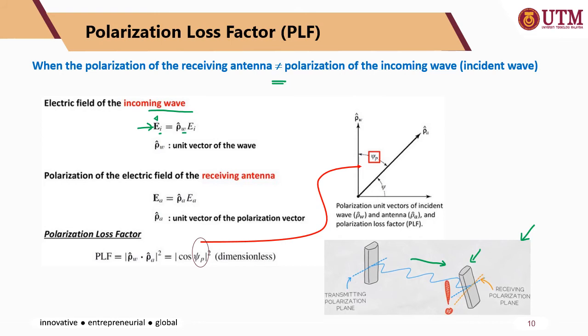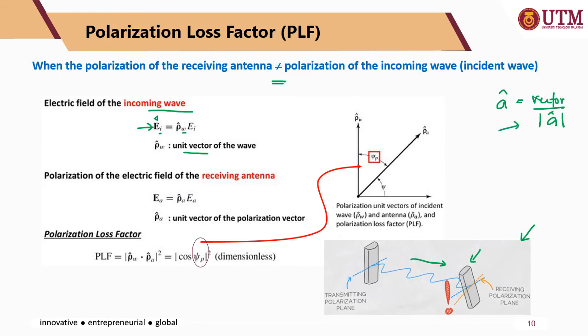What is a unit vector? A unit vector is the vector divided by the magnitude of the vector. You need to revise this from the EMT course.